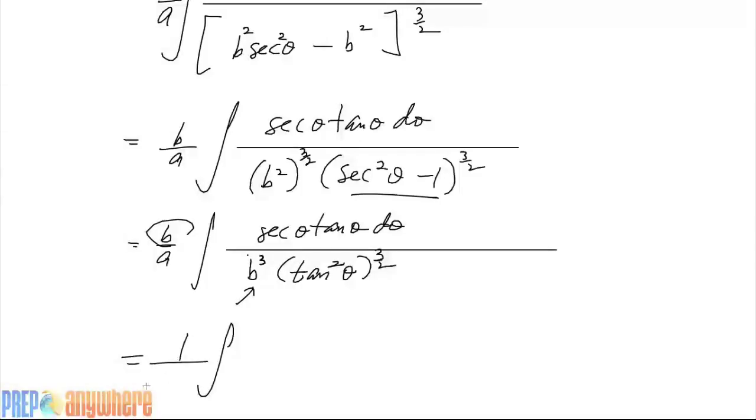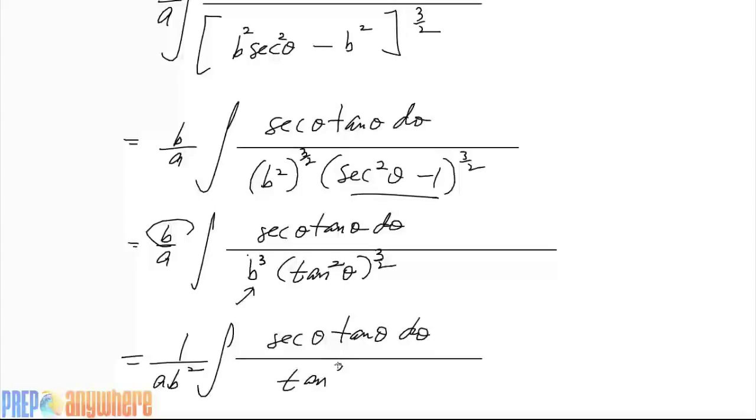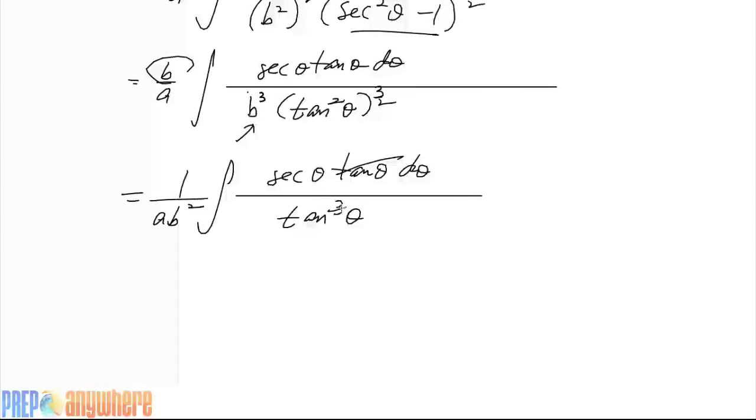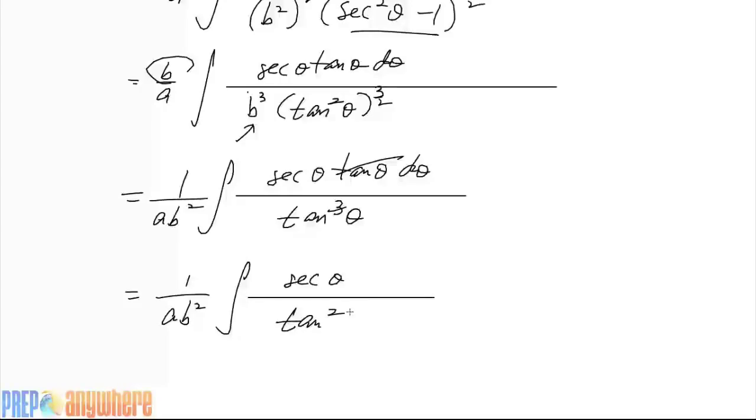So we have 1 over ab squared, and this will give you tangent cubed theta. So we can reduce that to get a power of 2 at the bottom. So we have secant theta over tangent squared theta.